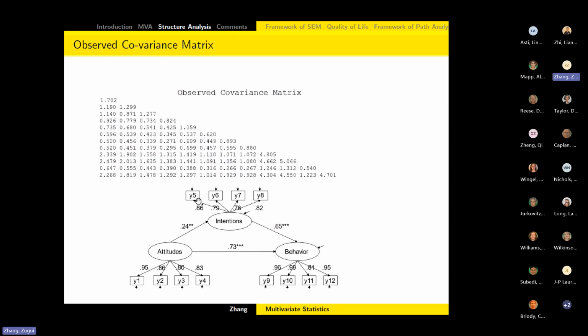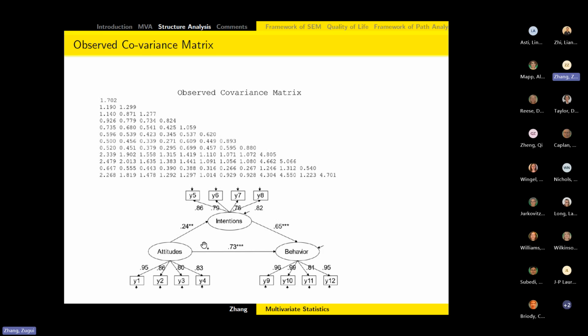Here we can see the loading for each outcome from y1, y2, y3, y4 to y12. The magnitude for each outcome indicates the weight or the importance for the latent variable, and also we can see the relationship between the latent variables.